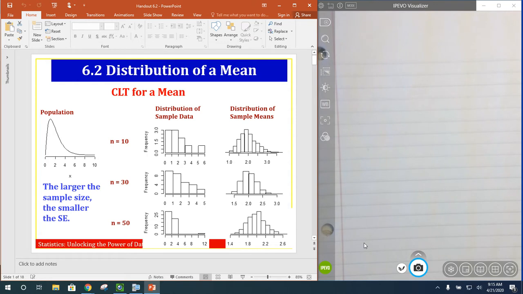As n is 30, we're somewhere between a 1.5 and maybe a 2.75, or maybe even a 2.5-ish. But as we get closer to 50, we see that truer center coming into our being. We're no longer at 2, we're no longer at 1.8. Now we're clearly at a 2.0 for a center value.